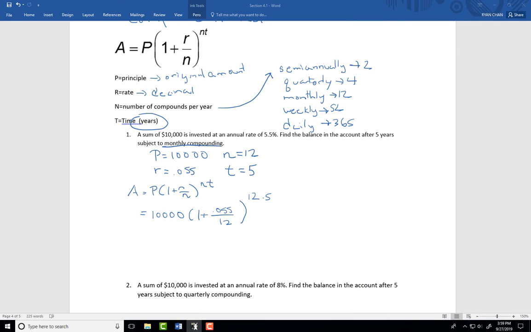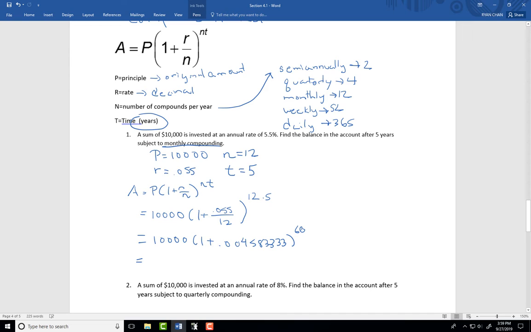So I can do the exponents next. It's going to look like this: 10,000 times 1 plus 0.00... You do have to be pretty exact here. Raised to the 60th.